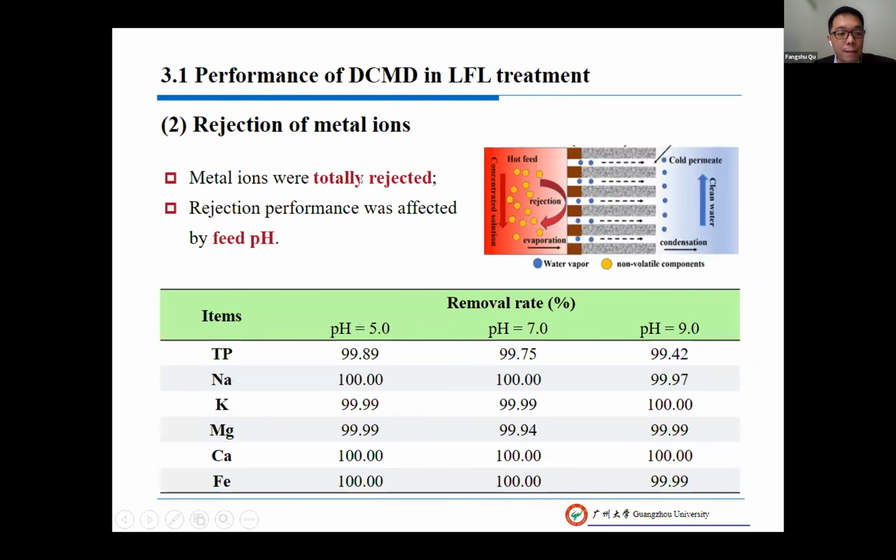We also assessed the rejection of the metal ions. As we can see in this table, for all the five metal ions, including sodium, potassium, magnesium, calcium, and ferric ions, the rejection rate is nearly 100%. Moreover, the rejection rate was not affected by the feed pH.